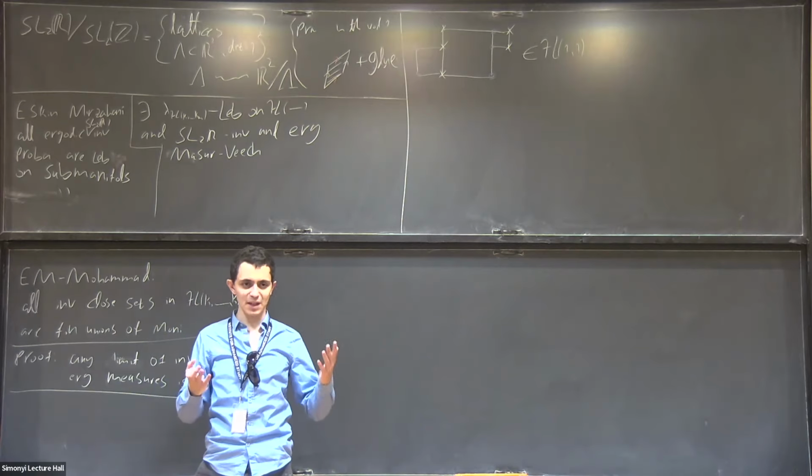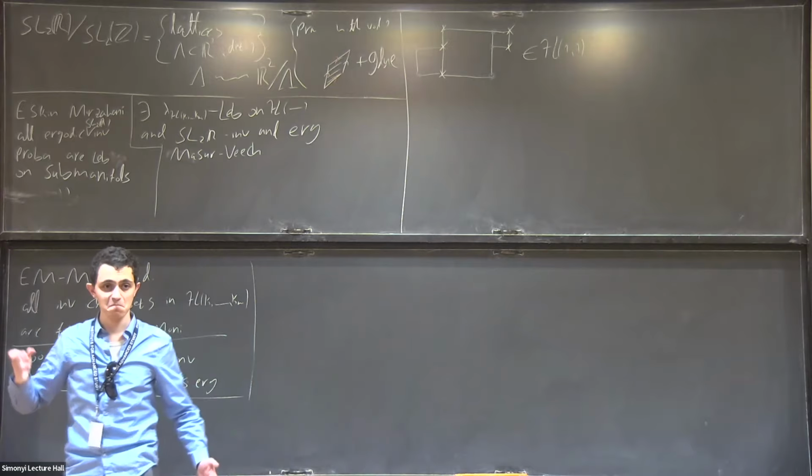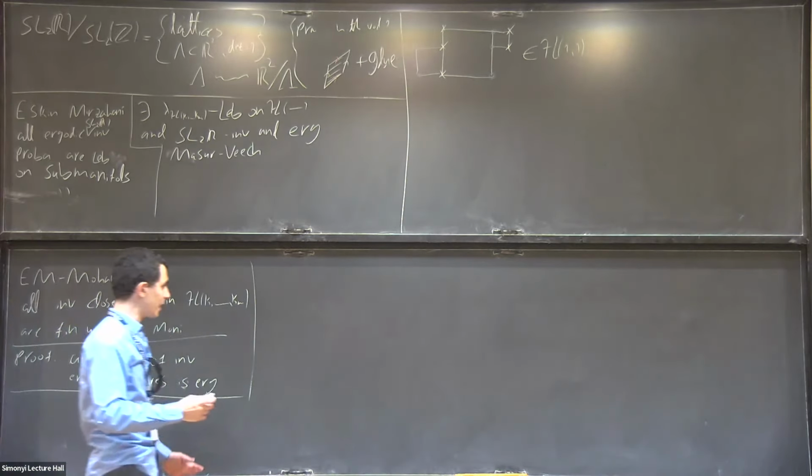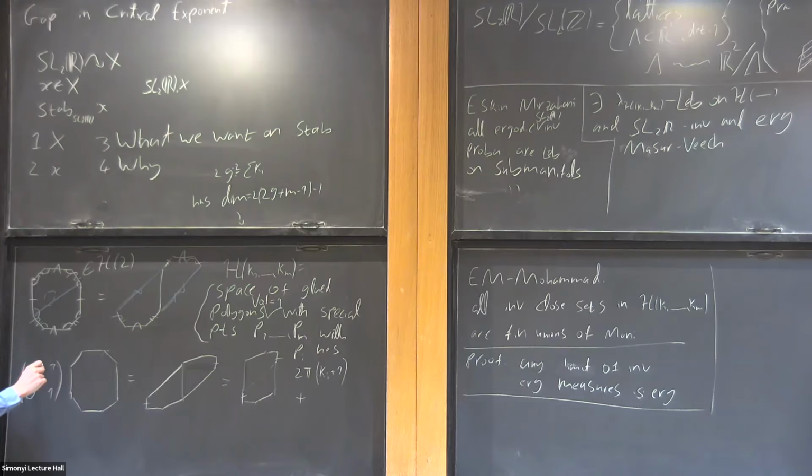How can we make a closed orbit, a periodic orbit? A way to make a periodic orbit is if you assume that all the coordinates of the points are rational, then there is a common denominator.